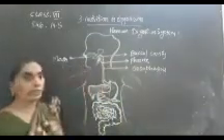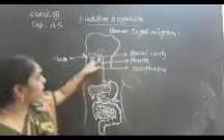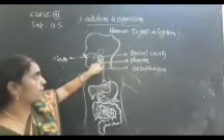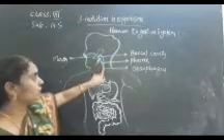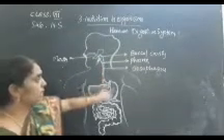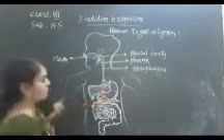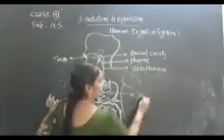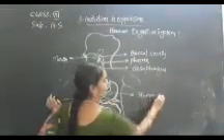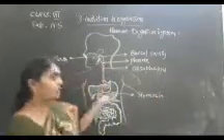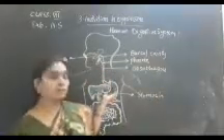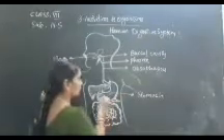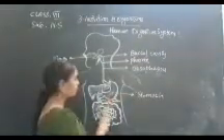Okay, the food that is digested, that is the carbohydrate digestion that takes place in the buccal cavity, moves through the esophagus and reaches the stomach. This is the stomach. Here you find HCl, hydrochloric acid, where the microorganisms or bacteria present in the food get killed due to the action of the acid.